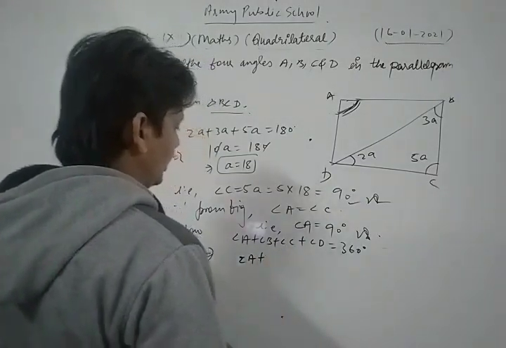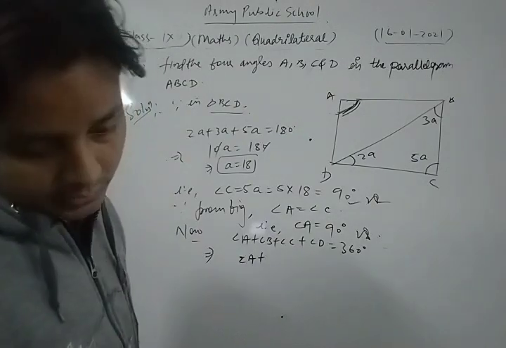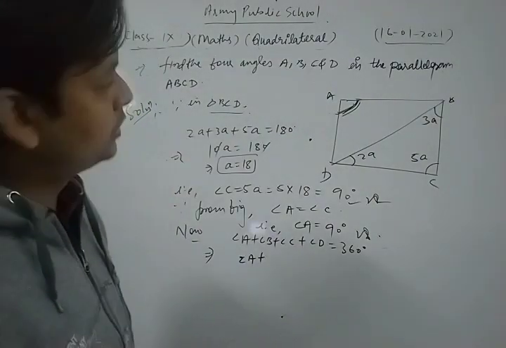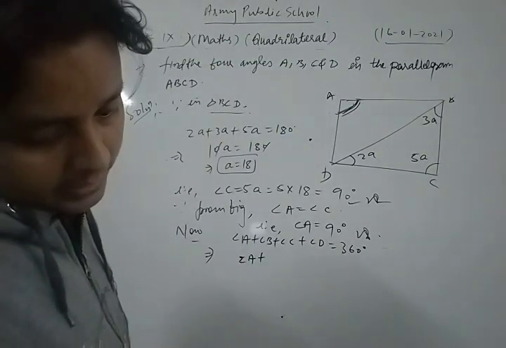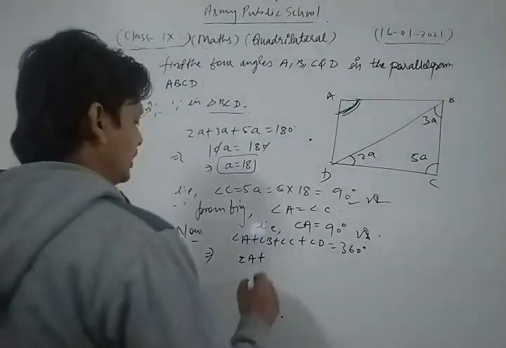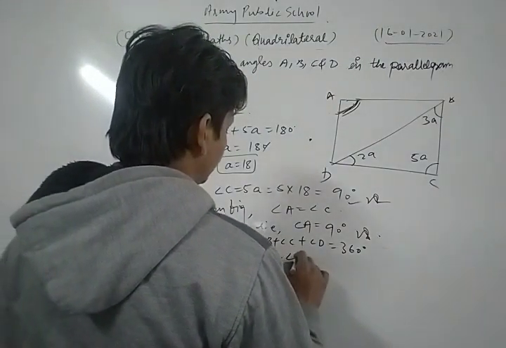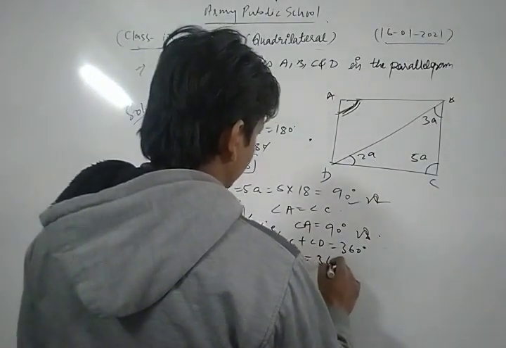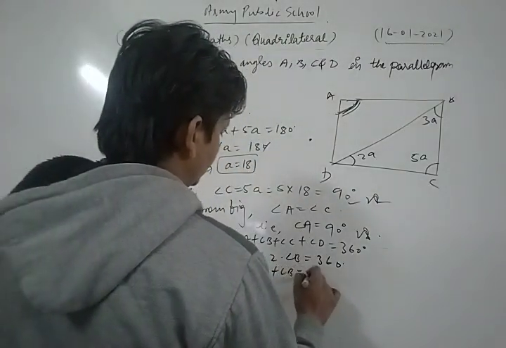So we write angle A is equal to angle C and angle B is equal to angle D. So 2 times angle A plus 2 times angle B is equal to 360. So we get angle A plus angle B is equal to 180.